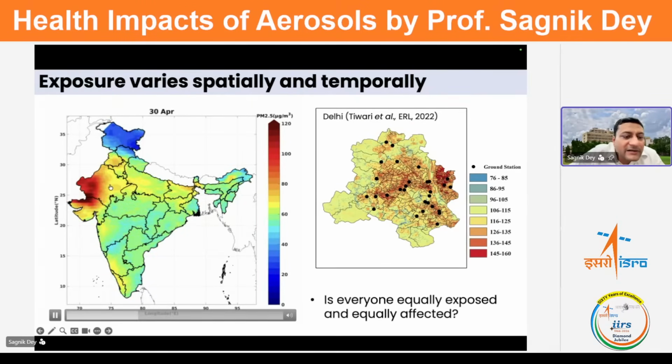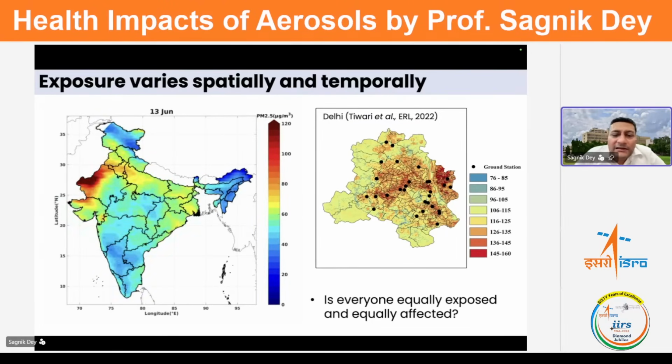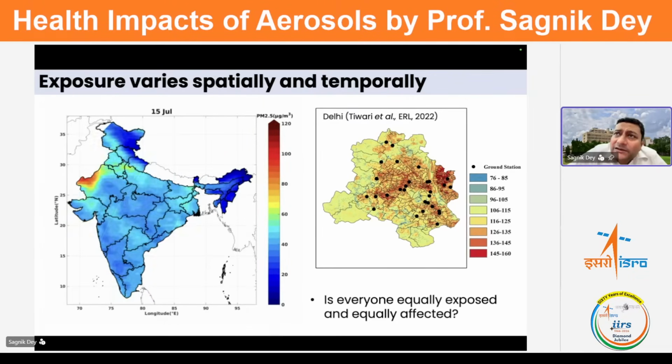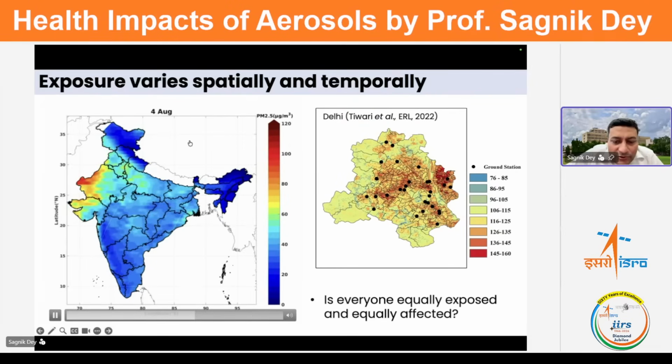But in summer, you have dust emitted from the desert, and occasionally this dust is sprayed across the Indo-Gangetic plain in the form of dust storms. But otherwise, mostly, things are better. And then you see in July, when the monsoon engulfs the entire country, mostly it is blue. That means less than 40 microgram per cubic meter. Except occasionally, even in monsoon, you have dust emitted.